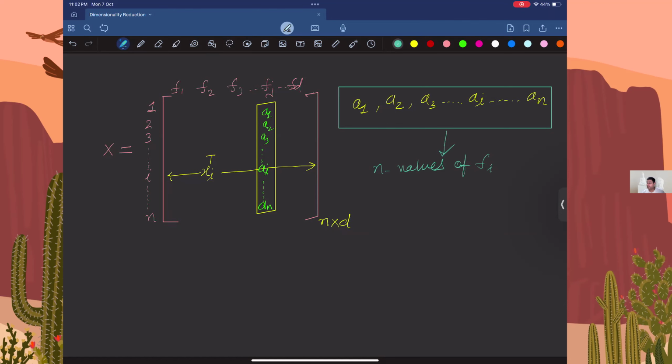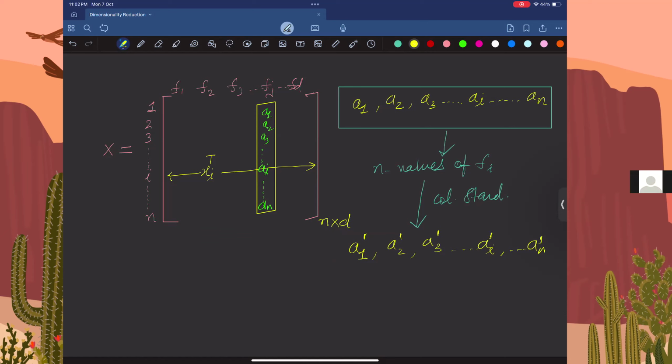After doing the column standardization, writing in short form, let's suppose my data are A1 dash, A2 dash, A3 dash, and so on, Ai dash, and An dash.